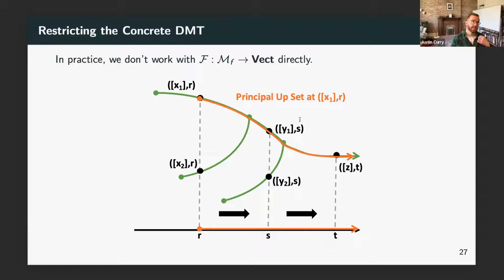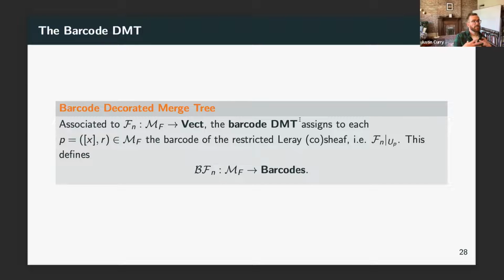So I can now think of this as something we'll call a barcode decorated merge tree, which essentially assigns to points in my merge tree barcodes, just given by restricting the filtration along that component and its forward evolution.